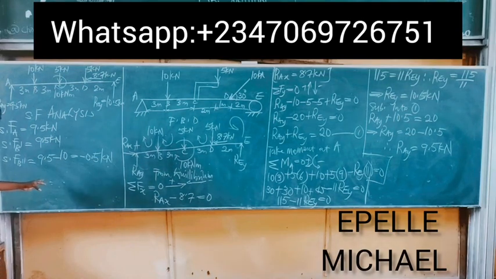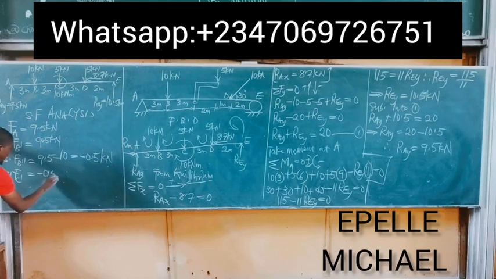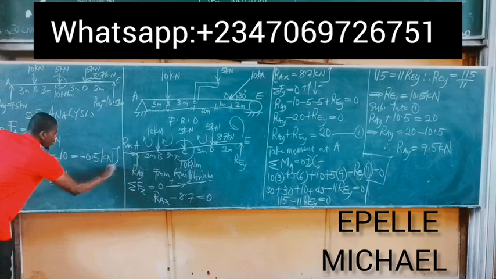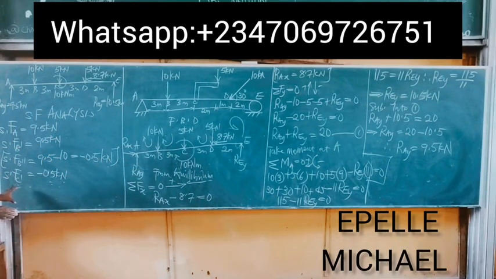Is that correct, right? Okay. Now, this minus 0.5 kilonewtons moves from point B down to point C. So, shear force C prime, which means initially at point C, this same force, minus 0.5, moves down to point C, we simply have minus 0.5 kilonewtons. But on getting to point C, this force now encounters a downward force of 5 kilonewtons.